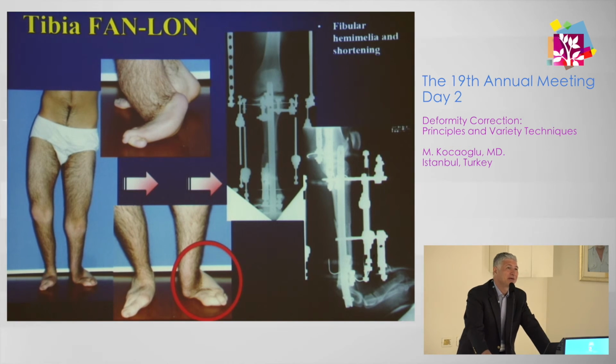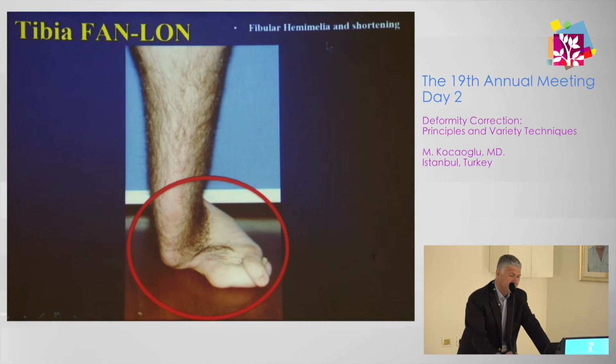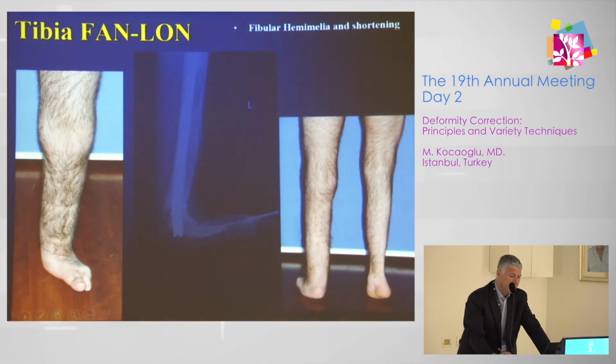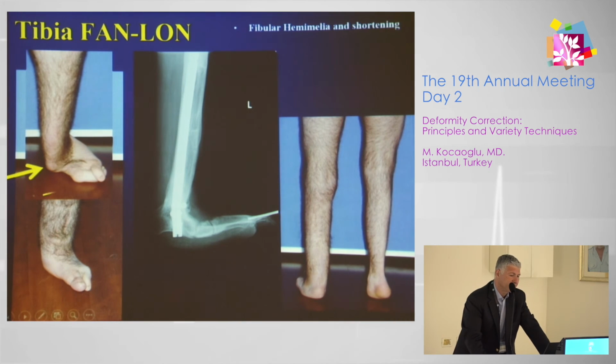This was pre-planned for a huge amount of lengthening, and I fixed the femur temporarily also with the external fixator. This is how it looks preoperatively, and this is how it looks after the operation. Also, I did an IP arthrodesis in the grade 2, and he is able to press the ground in a plantigrade position. And this is the amount that I have lengthened.